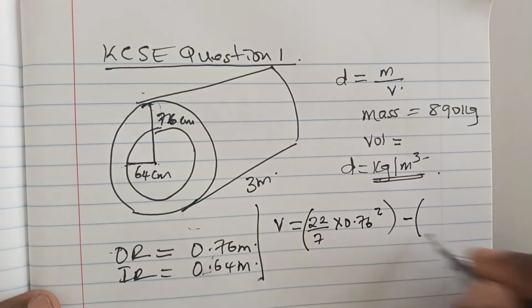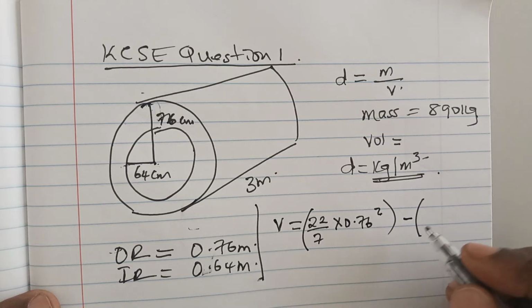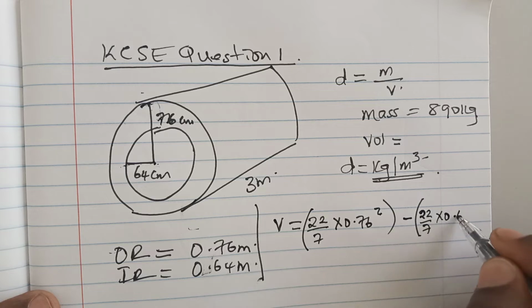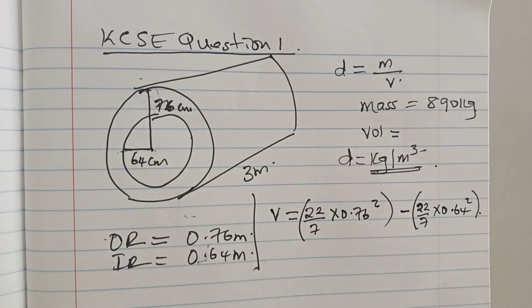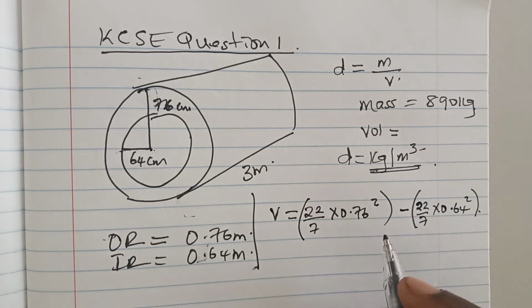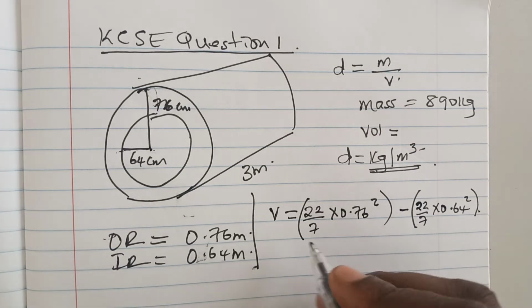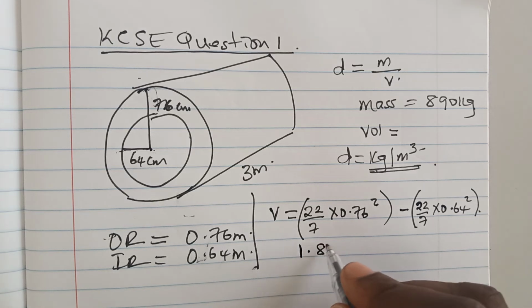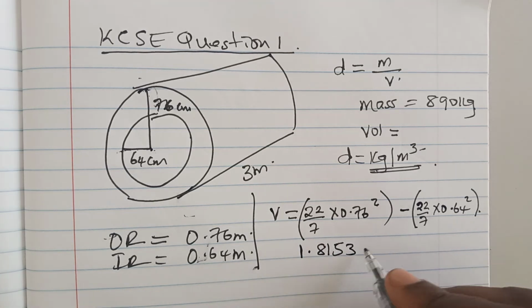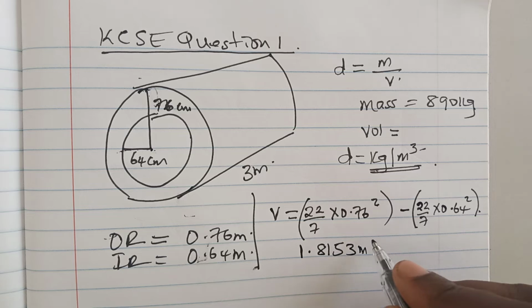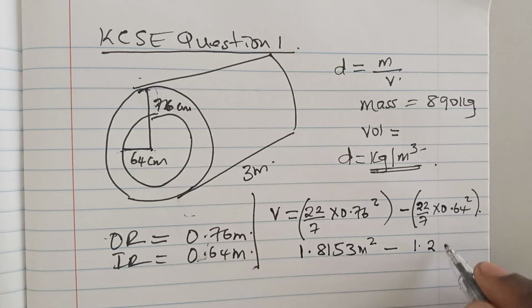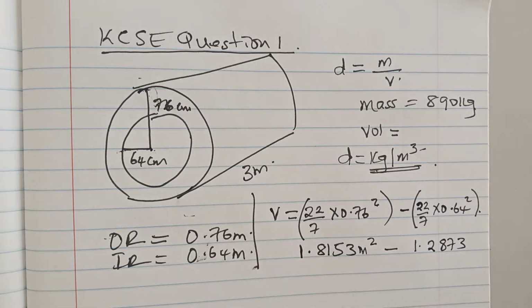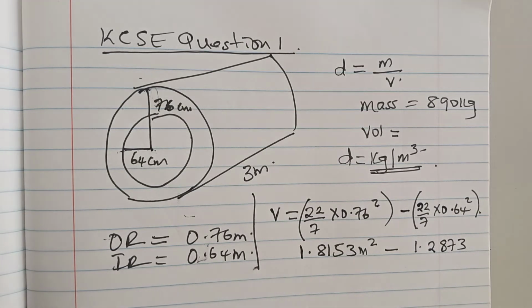You subtract the inner area, which is 22 over 7 times 0.64 squared. Using your calculator, you will get 1.8153 meters squared, and also 1.2873 meters squared. But let us just confirm that.